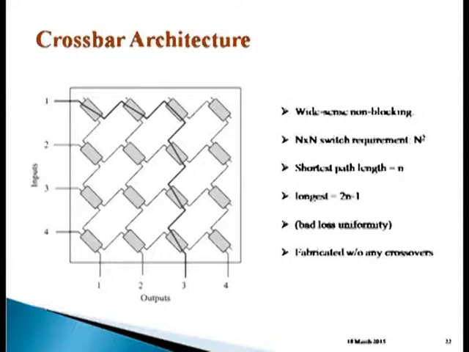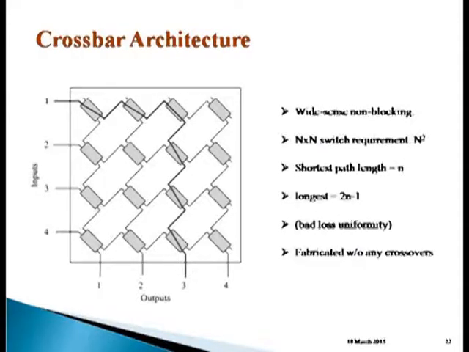However, the n cross n switch requirement is n squared. If using this design I am making a 4x4 switch, how many switches do I need? 16, which is 4 squared. Similarly, for 8x8 it is 8 squared, that means 64. So the number of basic elementary switches is high in this architecture.